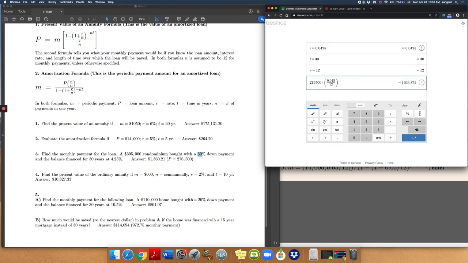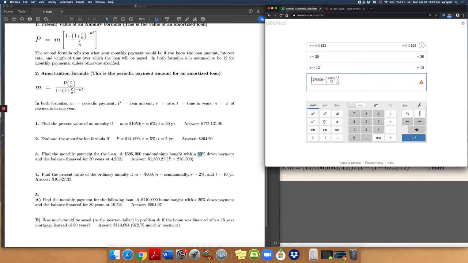Close it, and then make sure that numerator is in parentheses, right? Divide by the denominator in its own set of parentheses. So parentheses 1 minus parentheses 1 plus 0.0425 divided by 12. Raised to the, in parentheses, negative 12 times T, which was 30.